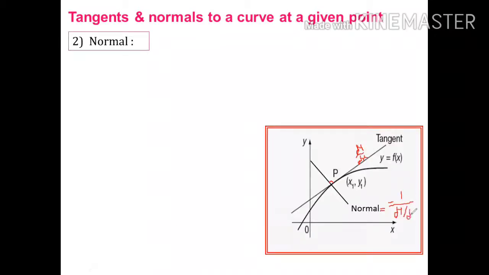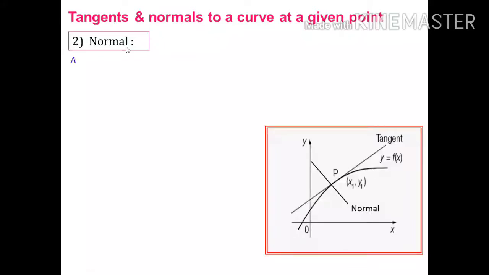Hence the slope of the normal is minus 1 by dy by dx. The slope of the tangent is denoted by m; for the normal, you can denote it by m dash, so m into m dash, the product, is minus 1. To find the equation of the normal, again use the slope-point form.